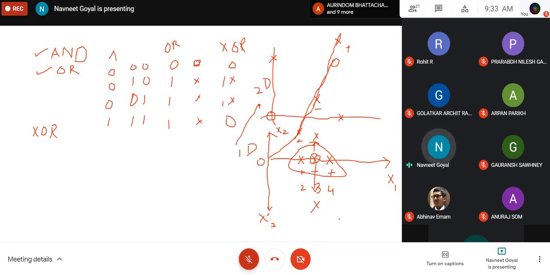So in this case, I am mapping them to a two-dimensional space in such a way that one of the points, which is differently labeled than the other points, moves up or down. Once I do that, I'm done, right? Okay.